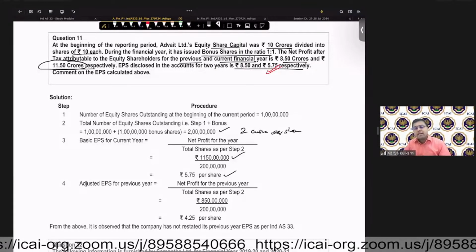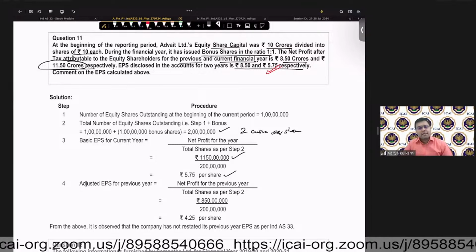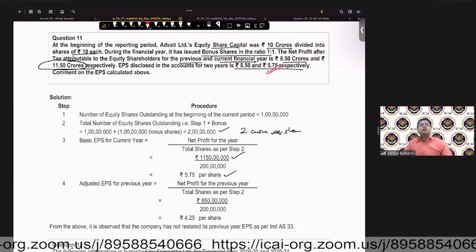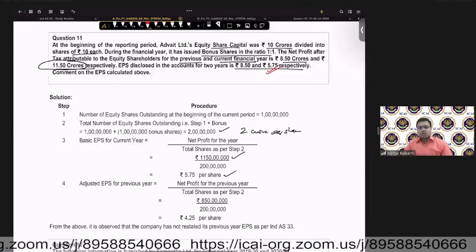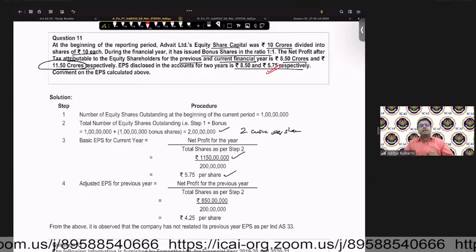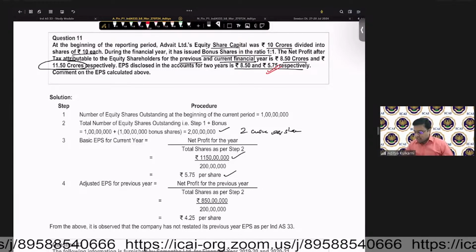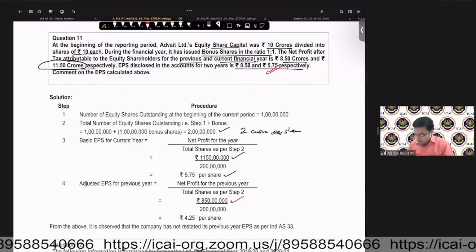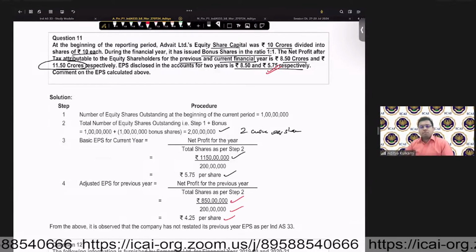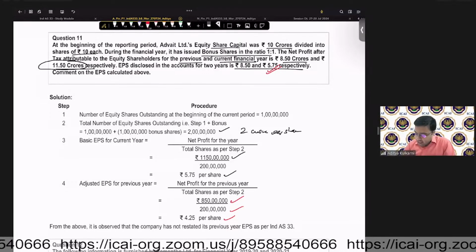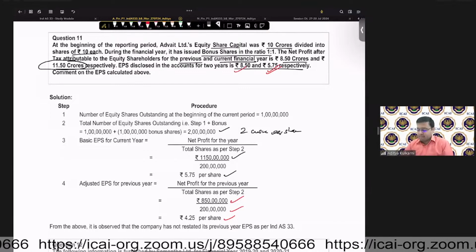But can I do the restatement only for the current period? Answer is no. I have to do the restatement for the previous year also, because these shares will be deemed to be in the capital structure right from the inception. So 8.5 crores divided by 2 crores, we get 4.25. But they have reported 8.5.